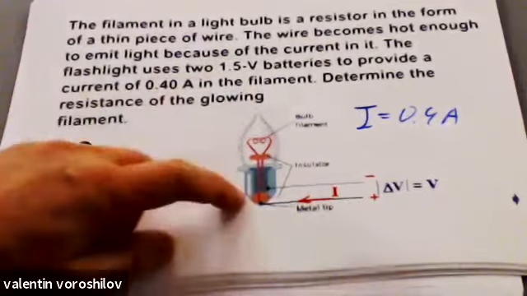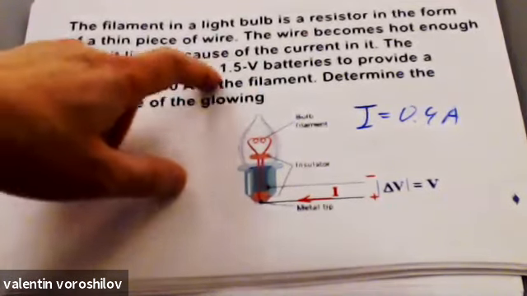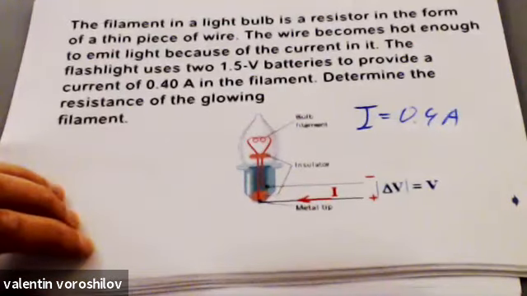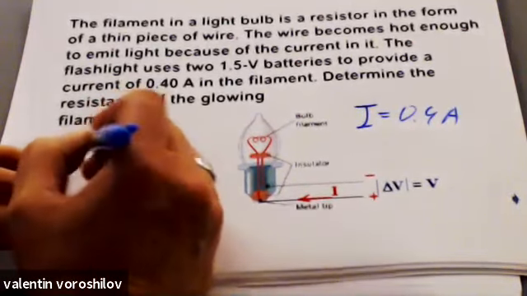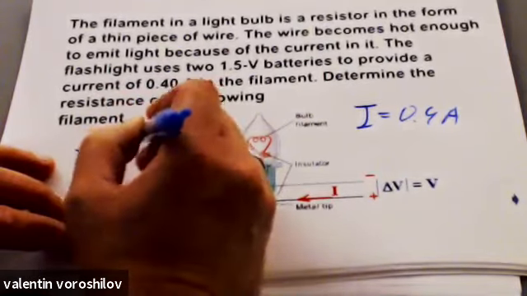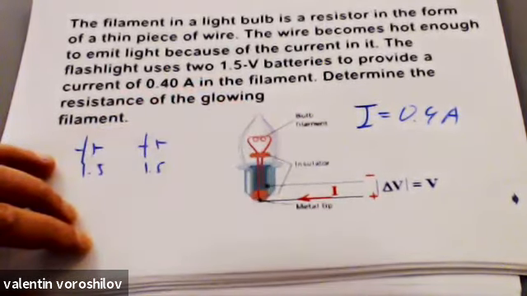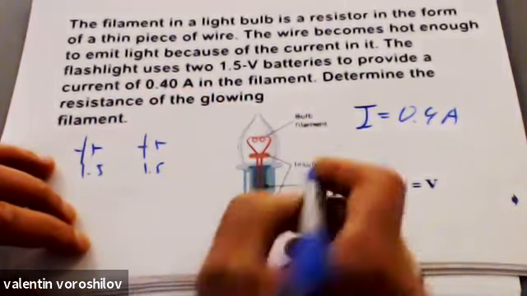But in order to do that, we are applying two 1.5 volt batteries. So there's battery number one, 1.5. There's battery number two, 1.5. We need to calculate the resistance.